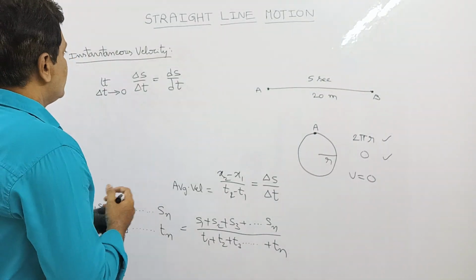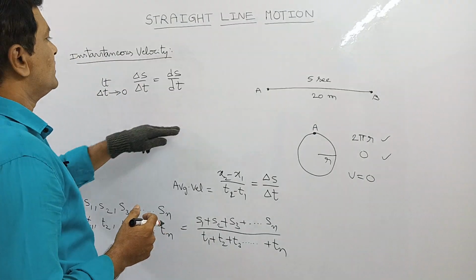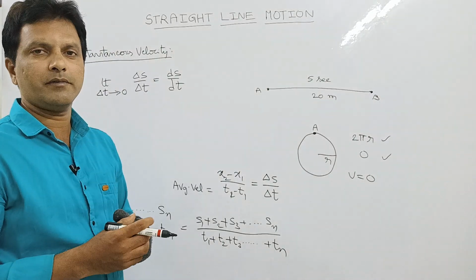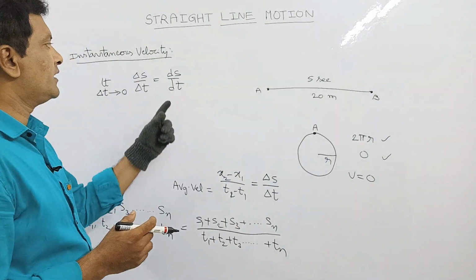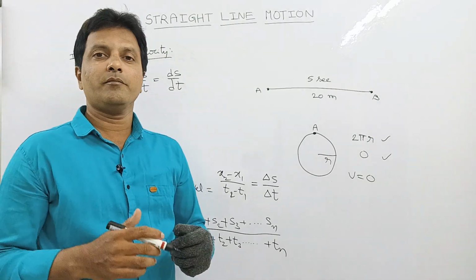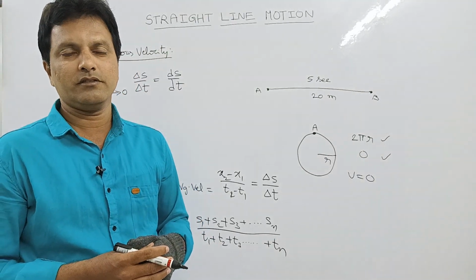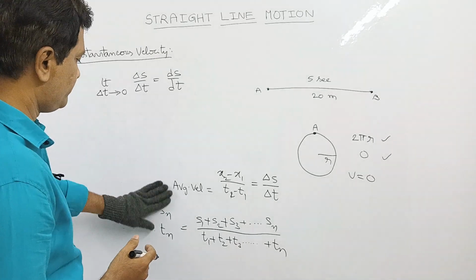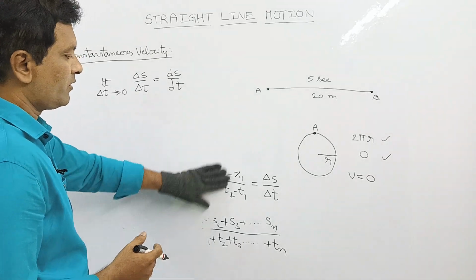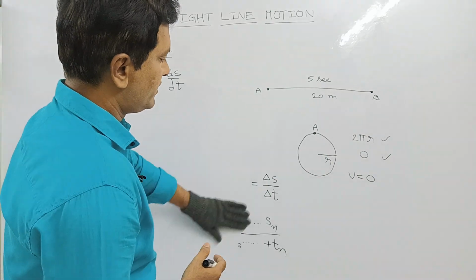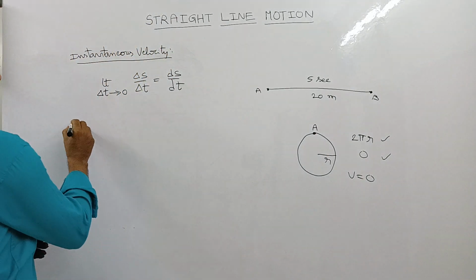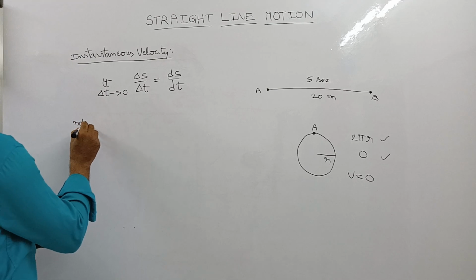Okay. So here what it actually gives is the velocity at a particular time, however small the time interval may be. You can take it sometimes in microseconds also. So that is about instantaneous velocity, and we can see one note here.